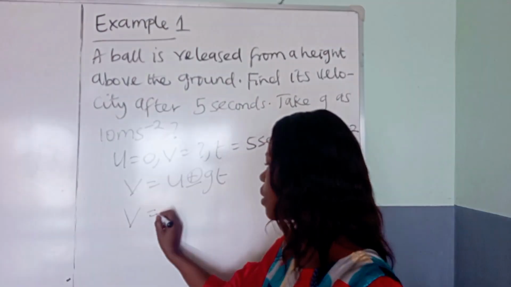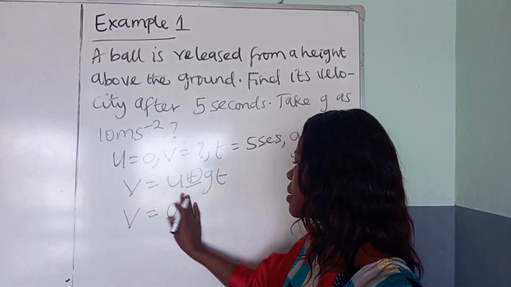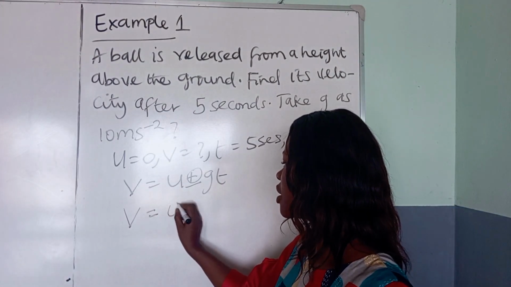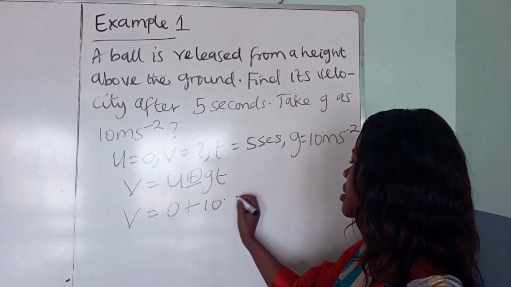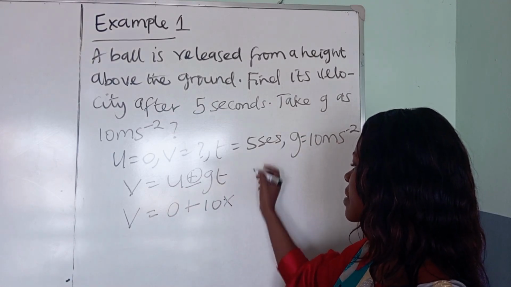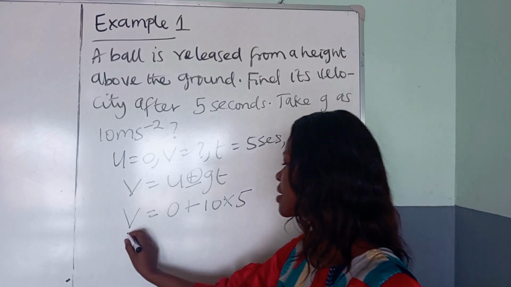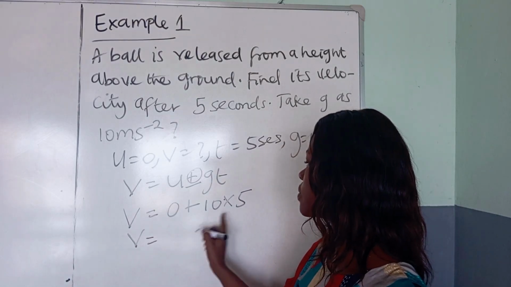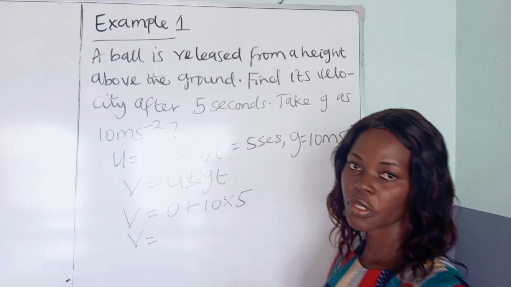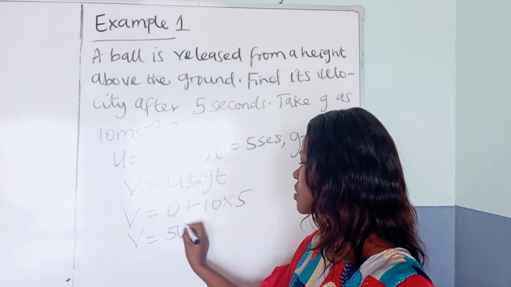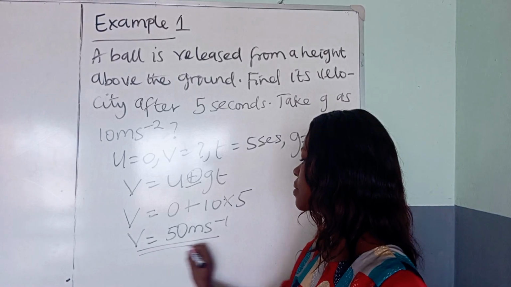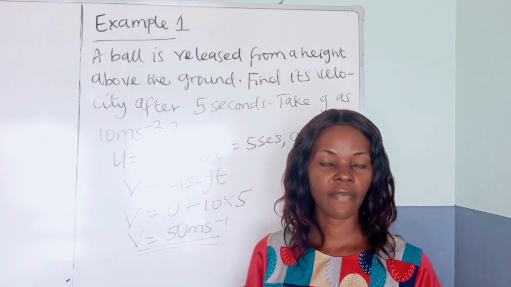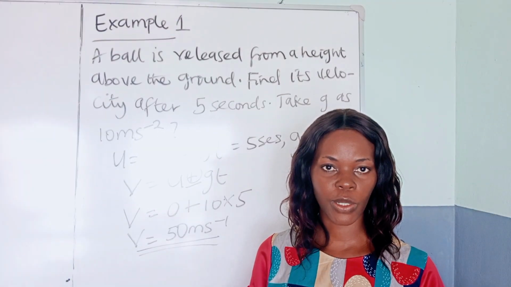So v is equal to u, because my u is 0, plus 10, which is g, times 5. So v is equal to 10 times 5, which gives us 50 meters per second. So the final velocity is 50 meters per second.